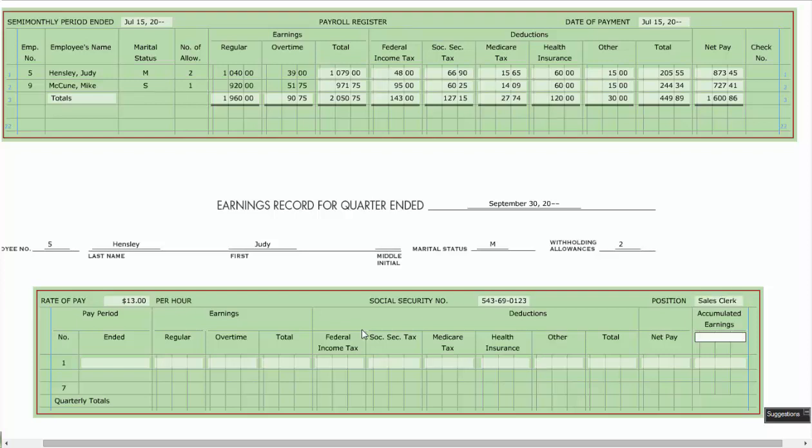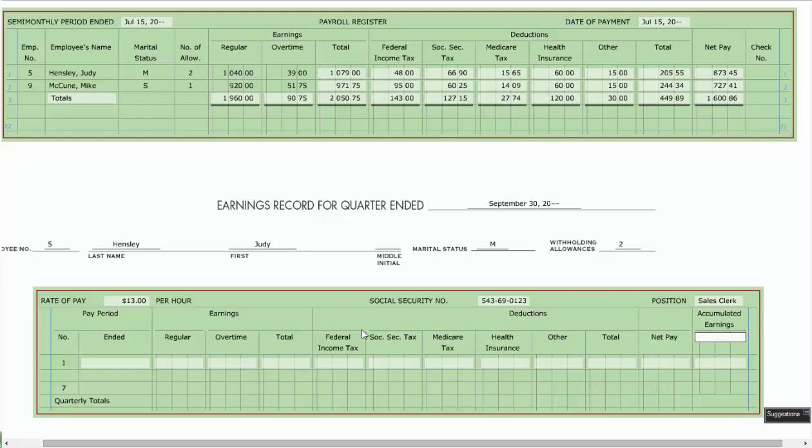Now, the other thing that I need to have is, quarterly, a business needs to fill in and report their employees' taxes, depending on how many employees they have and how much is deducted. So that is why this is a quarterly report. I have, from the previous earnings records, Judy's previous accumulated earnings.